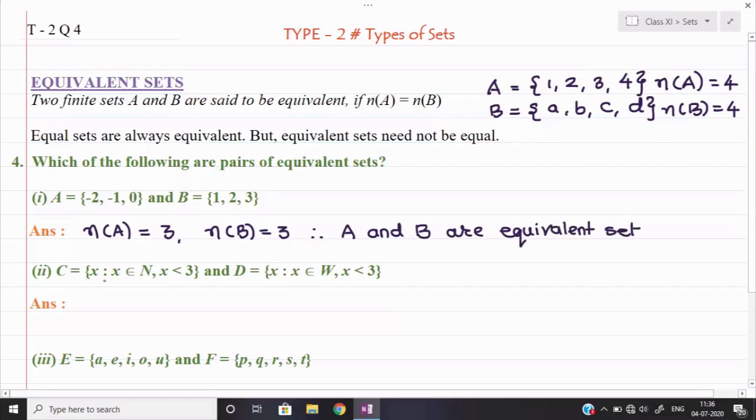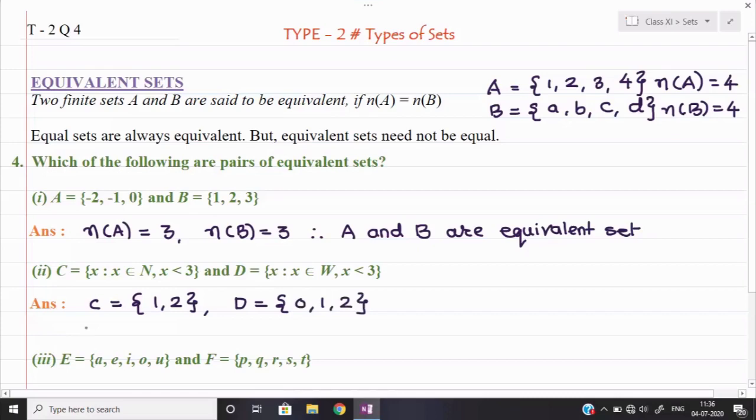In the second one they are saying x belongs to N and the value of x is less than 3. So we require those numbers which are natural and below 3. I think only two numbers will come, 1 and 2. But if I talk about set D, here also we require numbers below 3, but this time the value of x is given as whole number. So 3 elements will come, 0, 1 and 2.